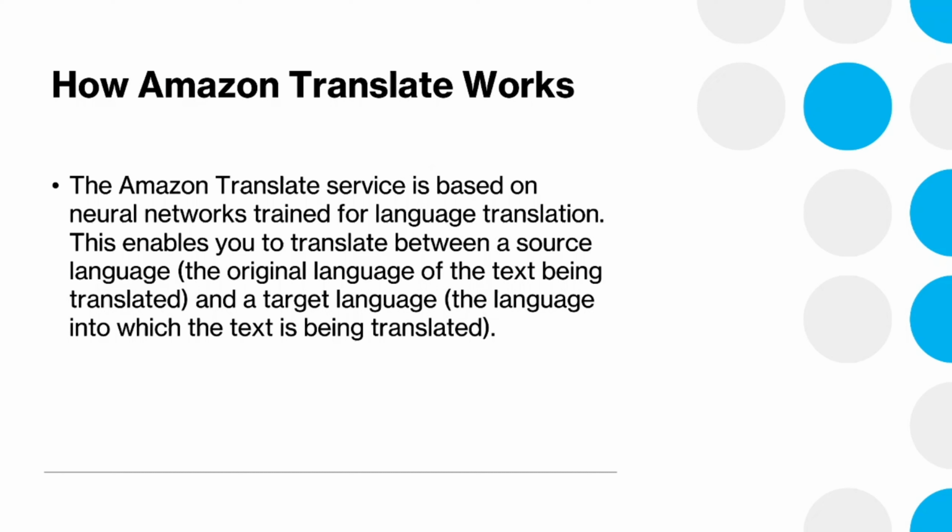So it makes use of neural networks. Now this enables you to translate between the source language, that is the original language of the text being translated, and the target language, that is the language into which the text is being translated. Right? So it enables us the translation based on the training of the neural network. It is, of course, an application of machine learning.